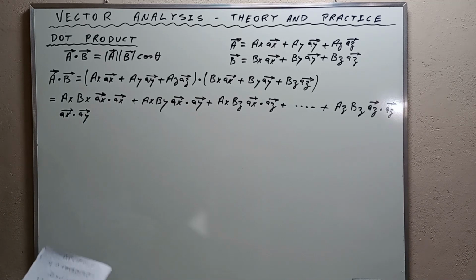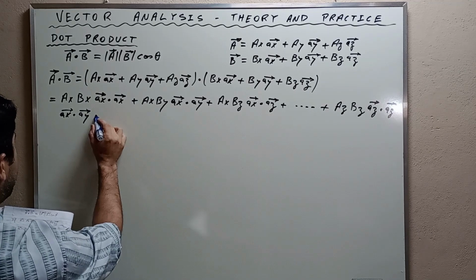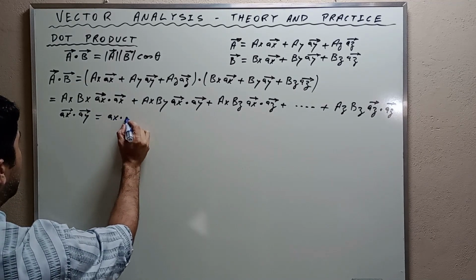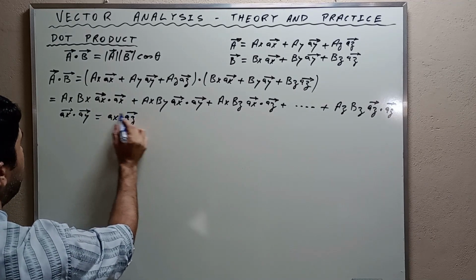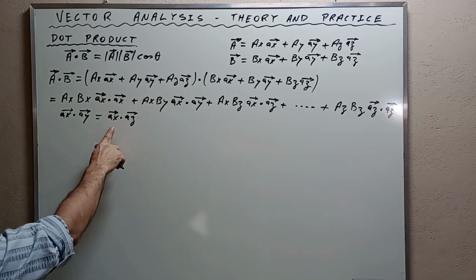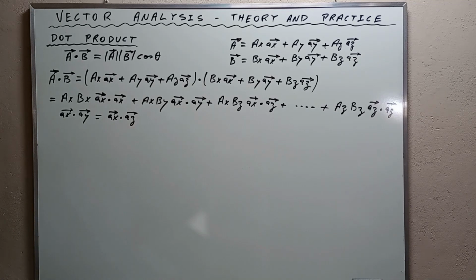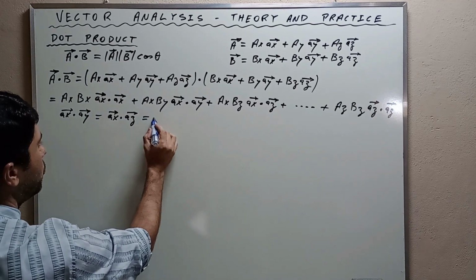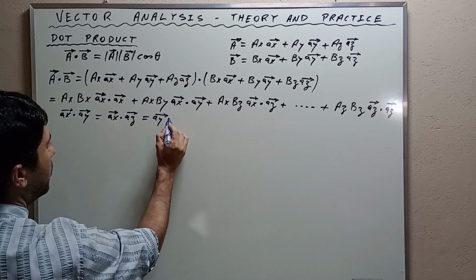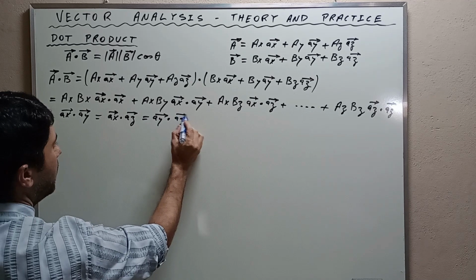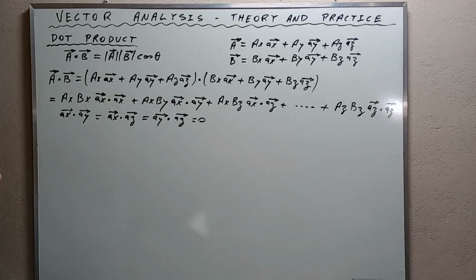It is equal to 0, which is the same as ax in a dot product with az. If we do az dot ax, change the position, won't change the result. And it is also equal to ay in a dot product with az. And this is equal to 0 because the cosine of the angle between them is 90 degrees. And we know that the cosine of 90 degrees is 0.